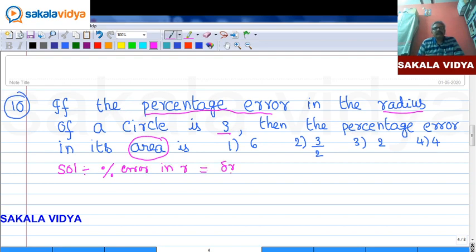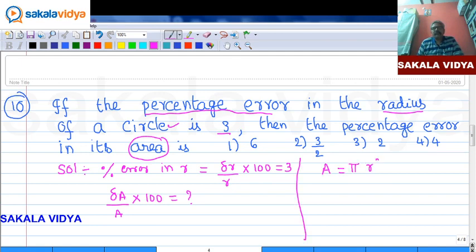That means delta R by R into 100 given, that is equal to 3. Now we need to find out delta A by A into 100 we need to find out. This problem is related to circle problem. So that means area of the circle is given by A is equal to pi r square.